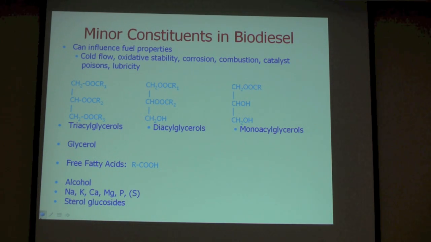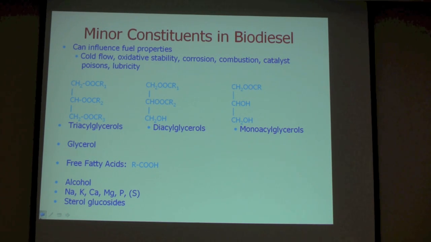Then there are 6 heteroelements that are limited in biodiesel standards: sodium, potassium, calcium, magnesium, phosphorus, and sulfur. You find them in biodiesel. They might be just carryovers from the feedstock, or from contact with extraneous materials, or from the catalyst. For example, if you're using potassium hydroxide, you might get some potassium in there.